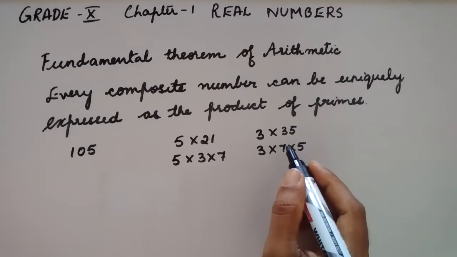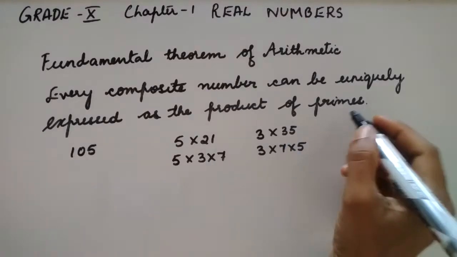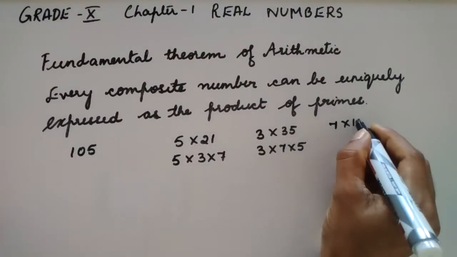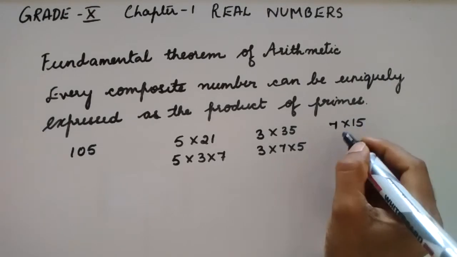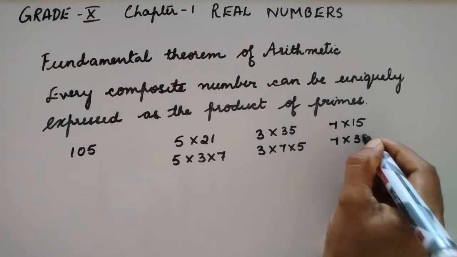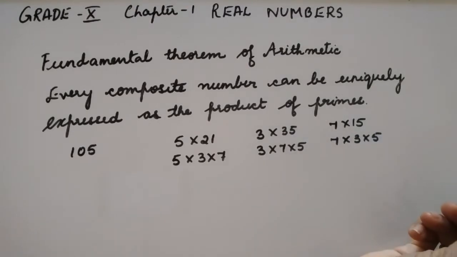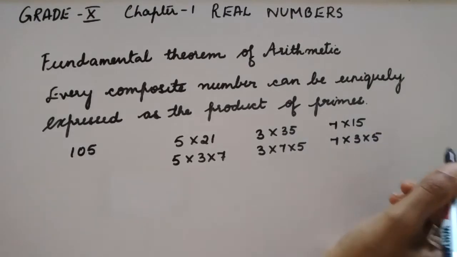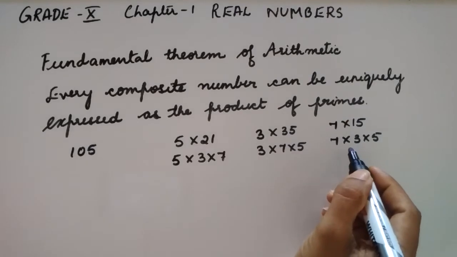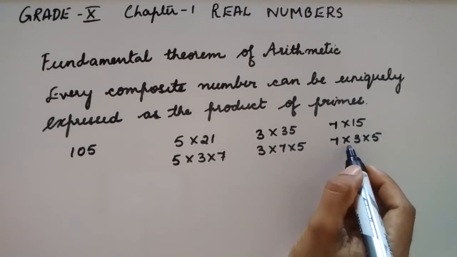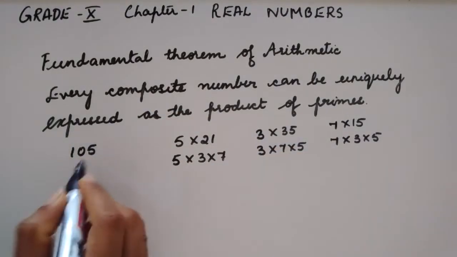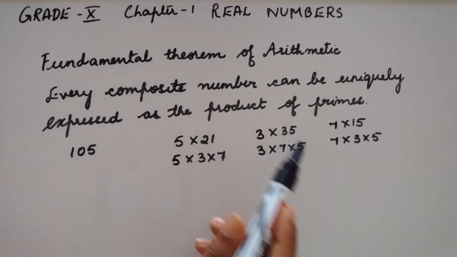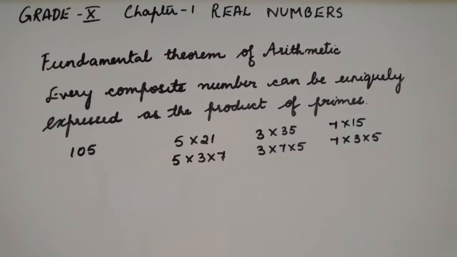And then 105 can be written as 7 into 15, and in terms of prime factors, we can write 7 into 3 into 5. So the prime factors are 5, 3 and 7. So we see that 105 can be written in various forms, isn't it, students?